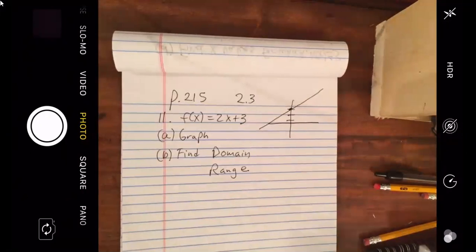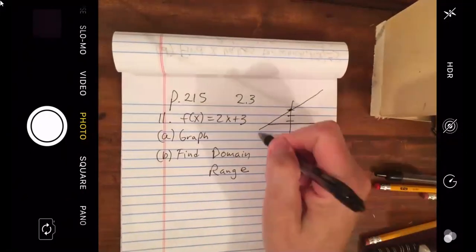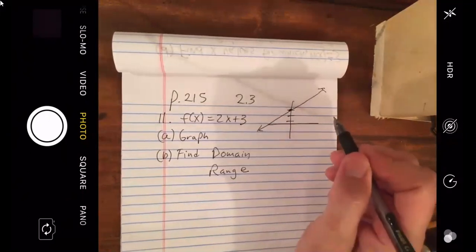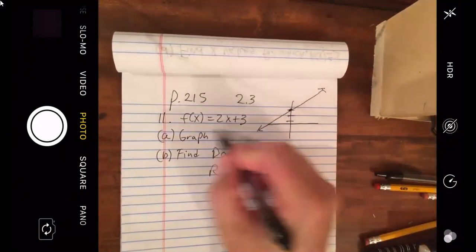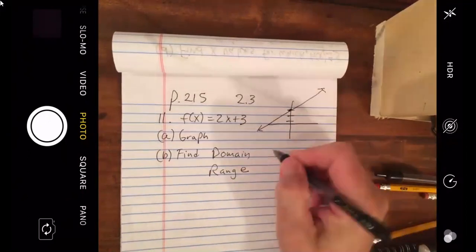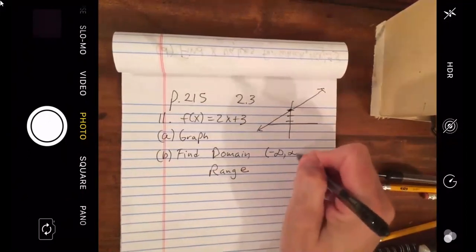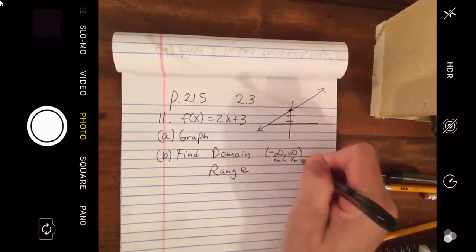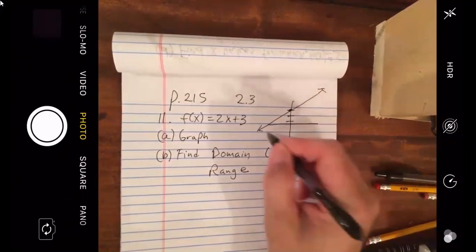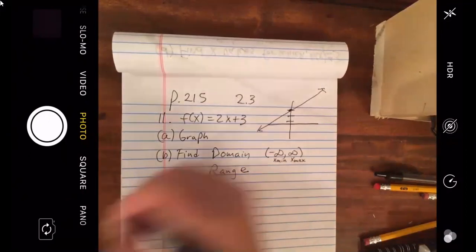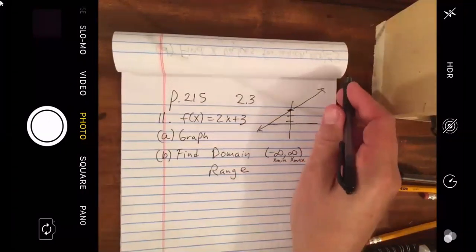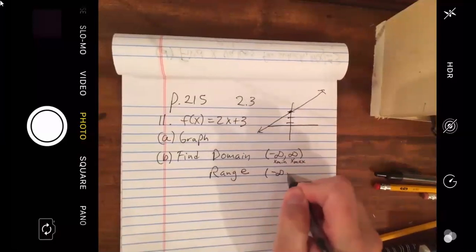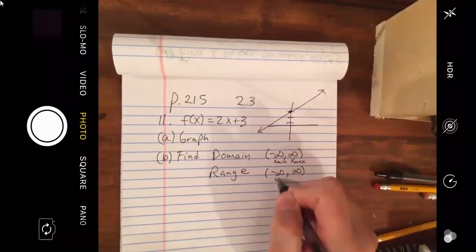With no other information given, they want you to assume that this goes forever in both directions. So forever in both directions horizontally, that would make the domain negative infinity to infinity. Again, x min, x max. Then if this is going down, your y's are going to negative infinity, and up, your y's are going to positive infinity. So the range looks identical, but we're always talking about y values.